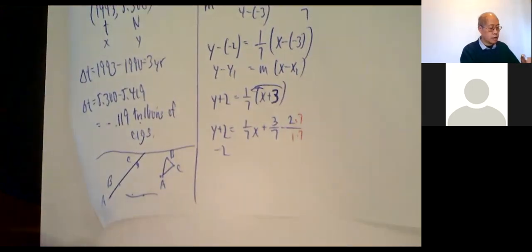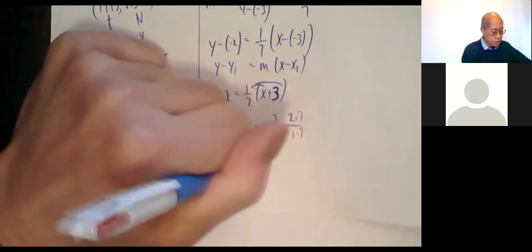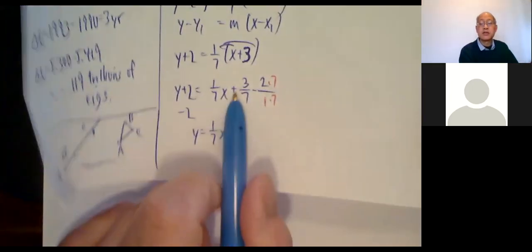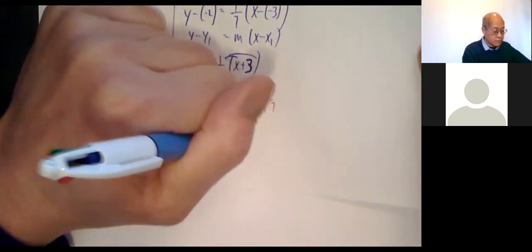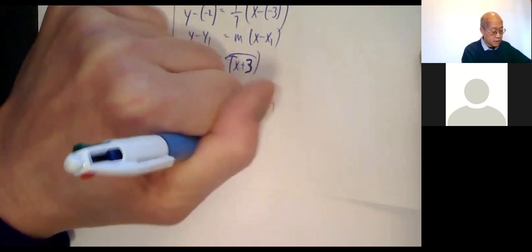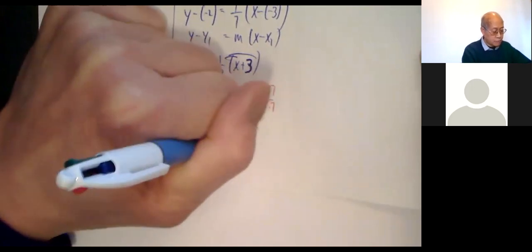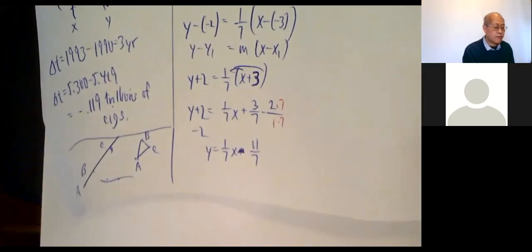So I end up with y equals 1/7 x plus, so let's see, 3 minus 14. 3 minus 14 is a -11. I guess I should have just put negative, sorry. Minus 11/7. This is a minus sign. So y equals 1/7 x minus 11/7. Final answer.